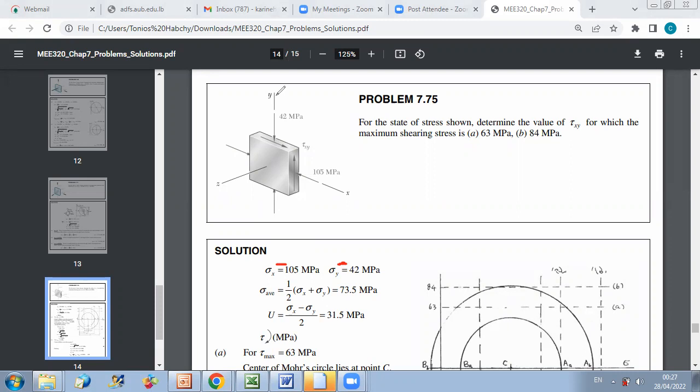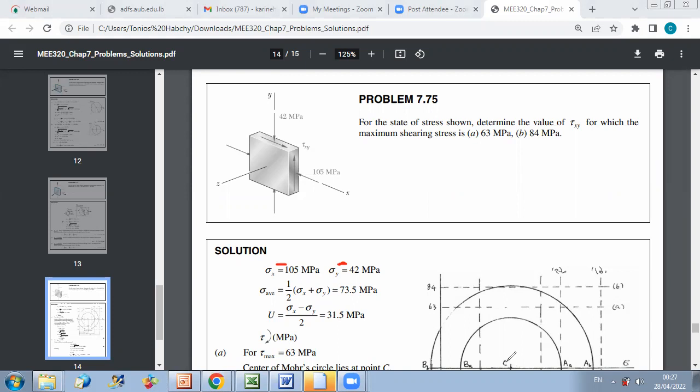We want first the maximum shearing stress equal to 63 megapascal, and then the maximum shearing stress to be 84 megapascal. Here both are compressive stresses, so both are negative, but the analysis will be similar if both are positive. Here I considered positive cases, and you are just taking the other side of the circle.